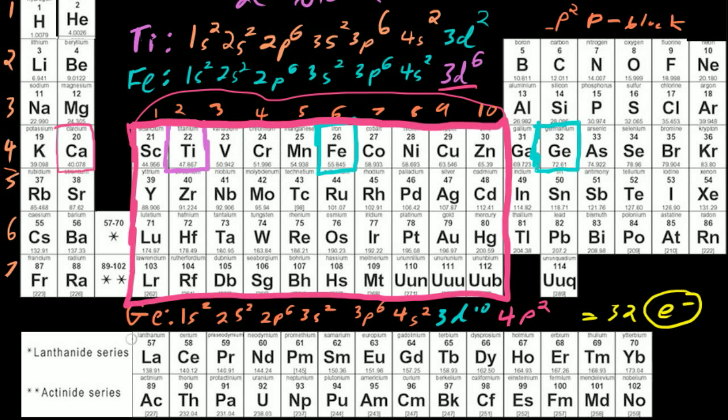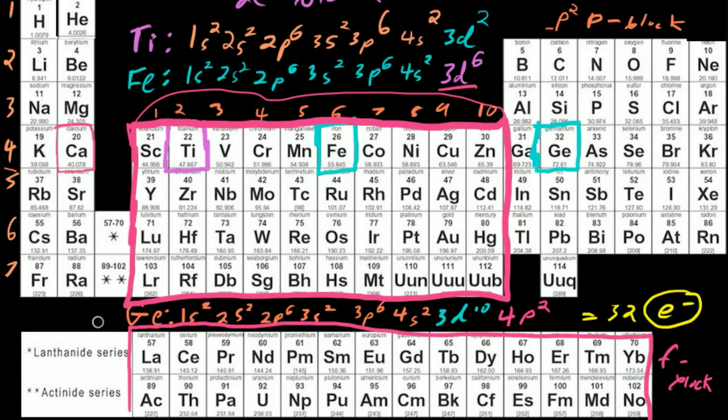And probably, though we probably won't get to it in this video, probably in the next video, we'll start talking about this whole block down here, which I don't know if you remember, at the beginning of the playlist, I think I called this the F block. We're going to realize that this F block is full of exceptions.